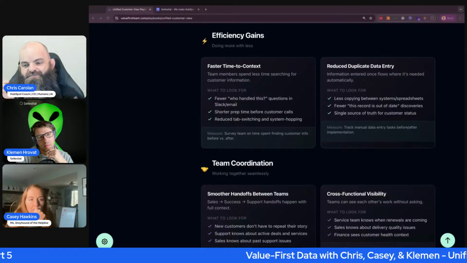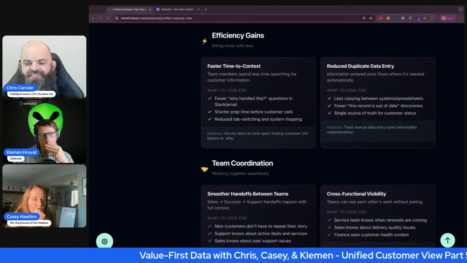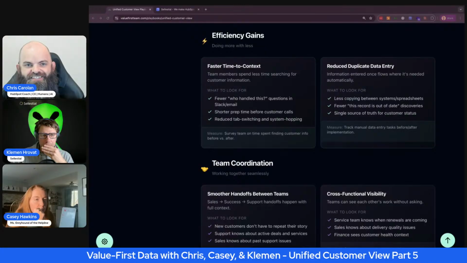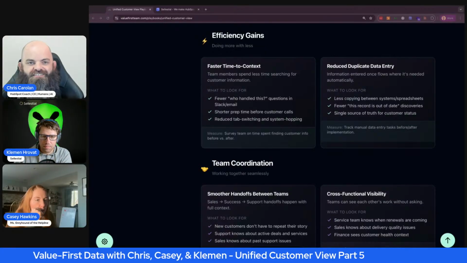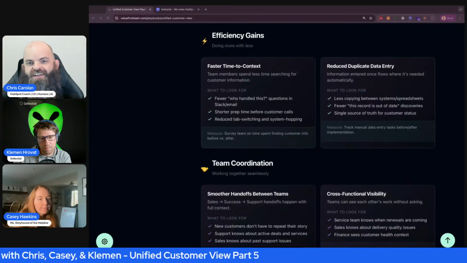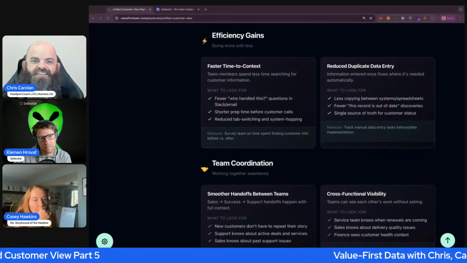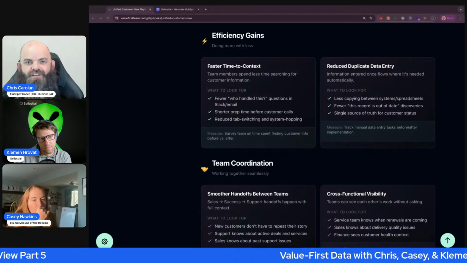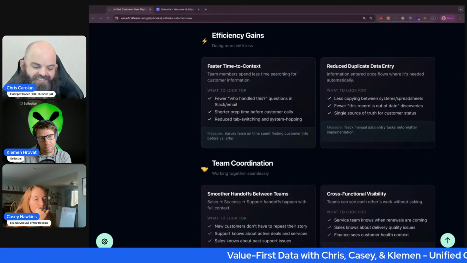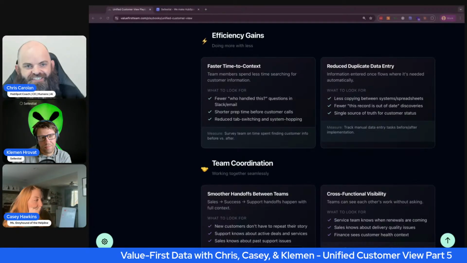We get walled off and then we have no choice but to start doing duplicate data entry, right? Because I'm not allowed in the other system, but I need to know that because I'm about to have a customer call and I just called up accounting to figure out what the status was, so that now I'm typing it into HubSpot, right? And there's a pretty good chance I don't type it exactly correctly.